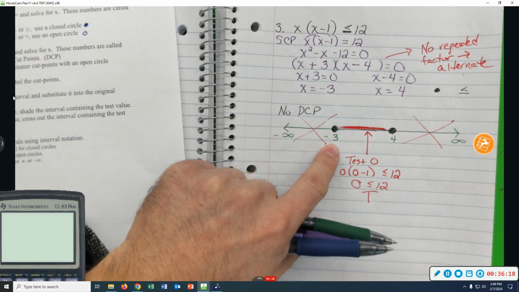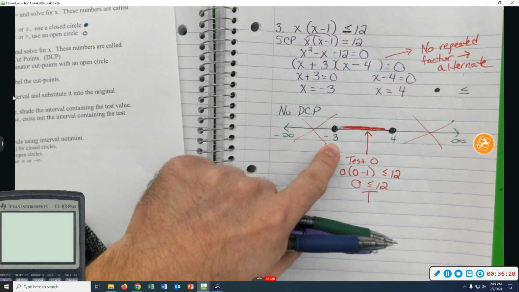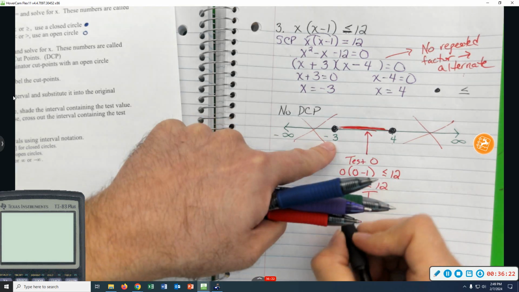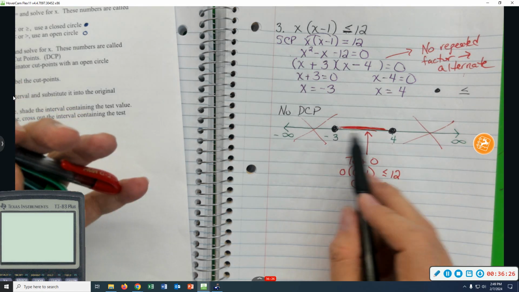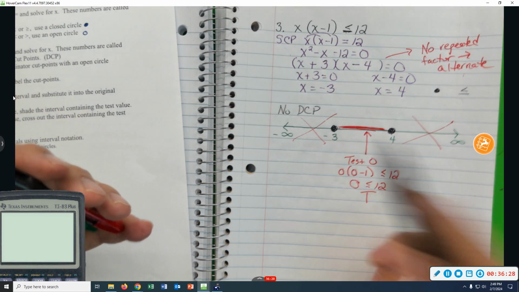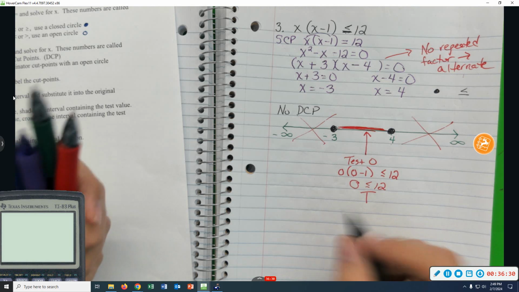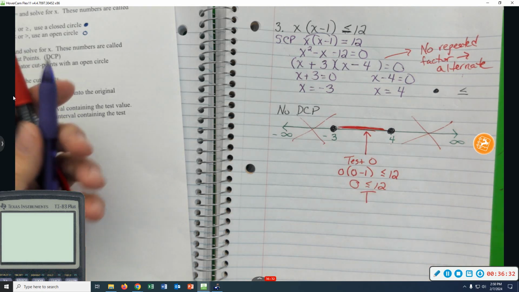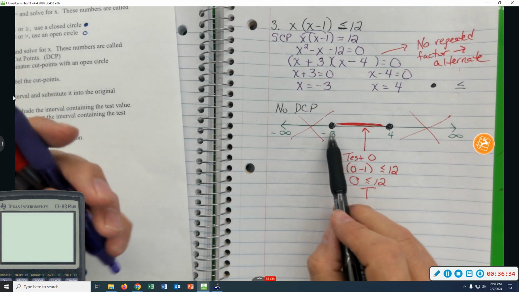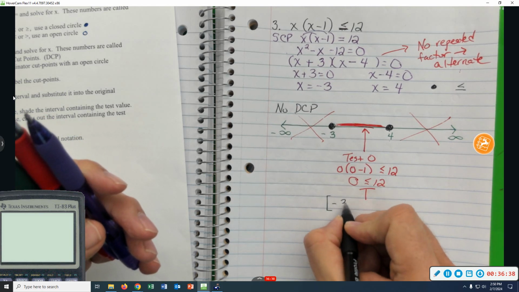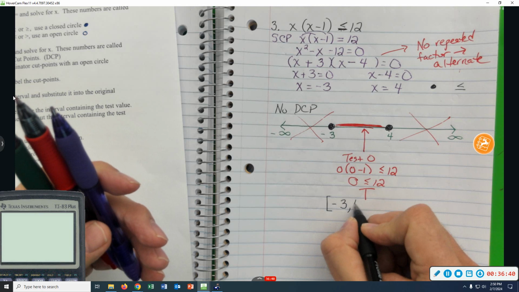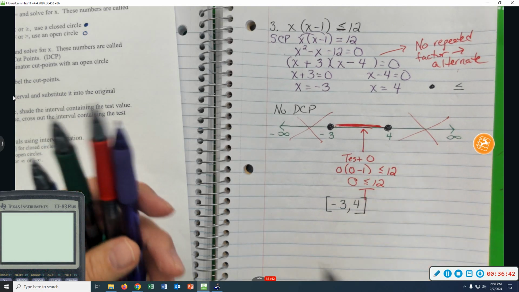If you go 4, negative 3, it's going to be wrong. Open or closed circles at the numbers? Closed, because there are no open circles. Brackets or parentheses? What are we going to write? Bracket, negative 3, 4, bracket.